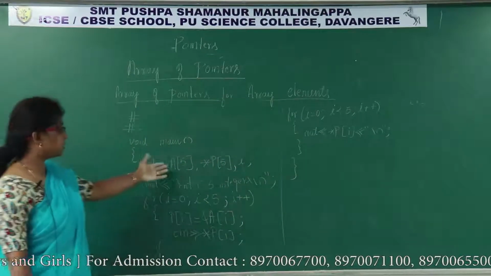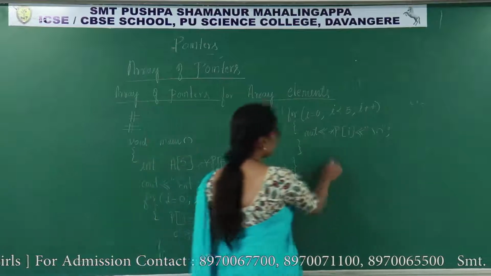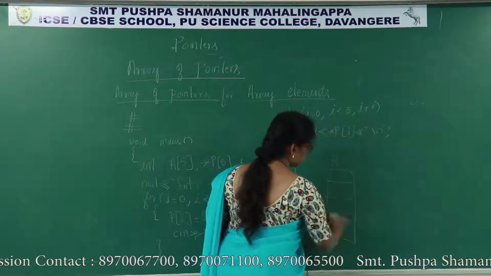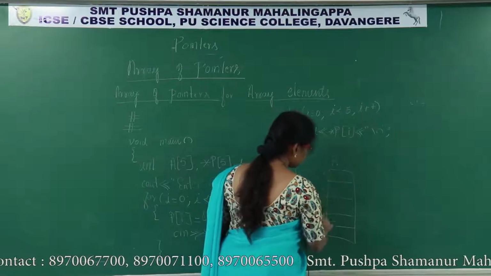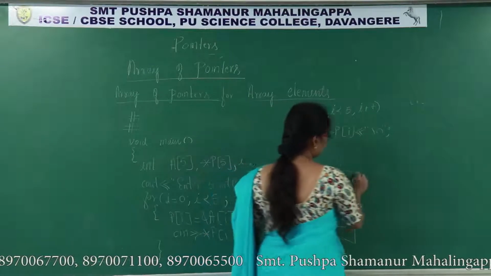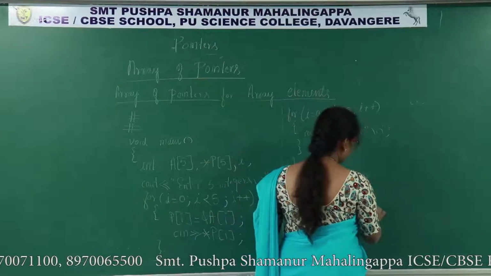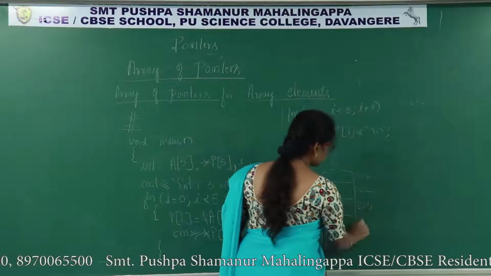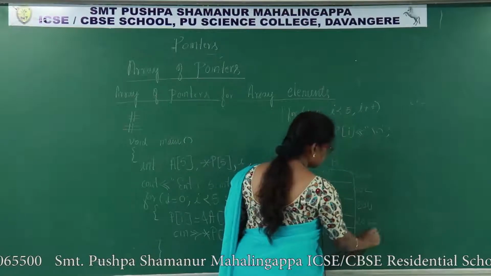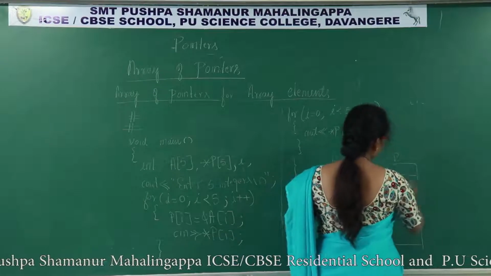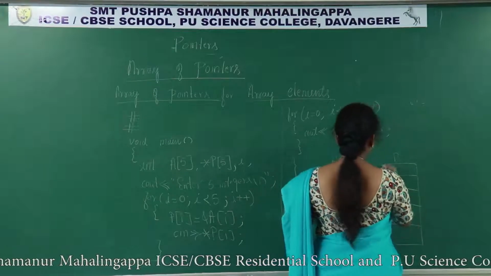See, when you write the declaration statement as usual, memory allocation happens: 0, 1, 2, 3, 4. Addresses are like this, 202. Each and every memory occupies 2 bytes because it is an integer array. Next, one more array is there, no? That is a pointer array, so it is also 2 bytes.